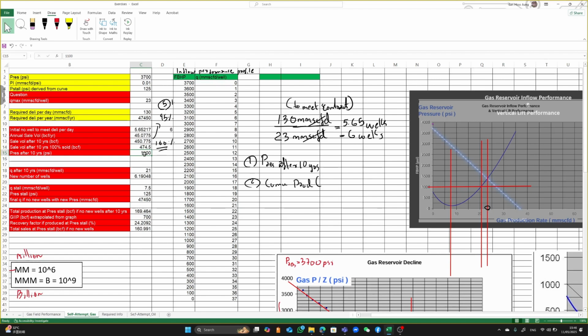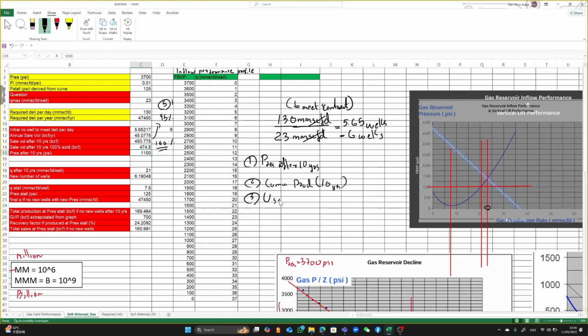So we got the amount that is produced, which is the cumulative production after 10 years. That value over here, this 474, which we calculated considering 100% of what we produce is sold, is the cumulative production.